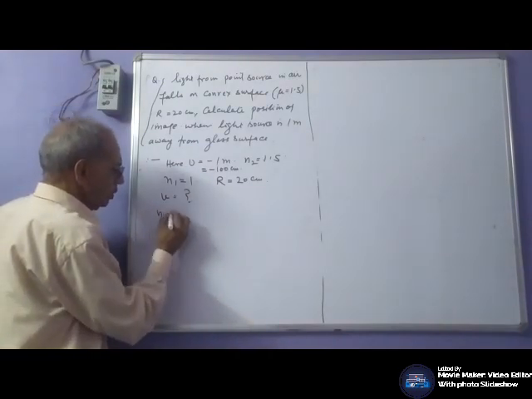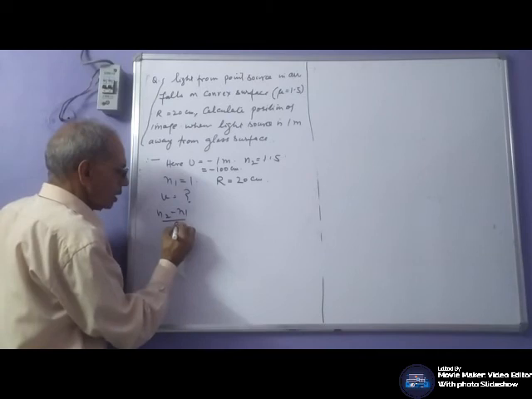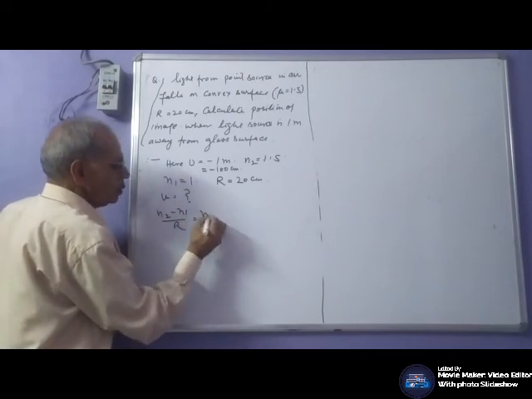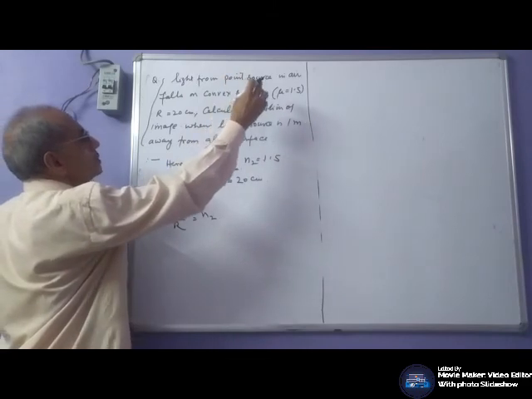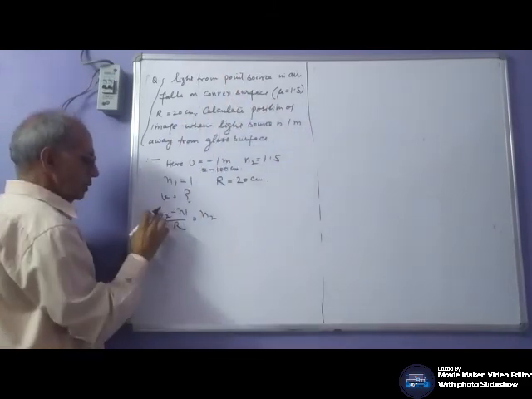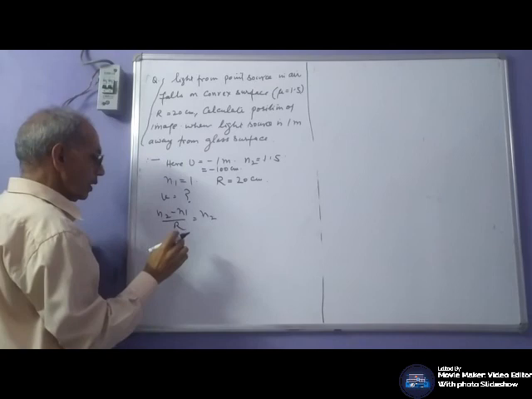We know n2 minus n1 by r equals n2 by v minus n1 by u. Light from a point source in air, so that means air to denser.